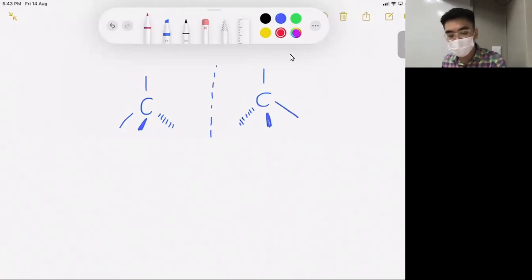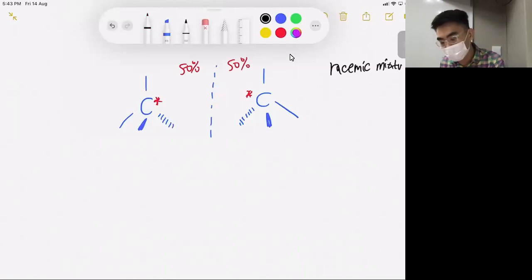Most of you know that if you have two optical isomers in 50-50, they will not rotate plane polarized light. This is what we call a racemic mixture. A racemic mixture has to be 50-50, and we know that a racemic mixture is optically inactive. It does not rotate plane polarized light.